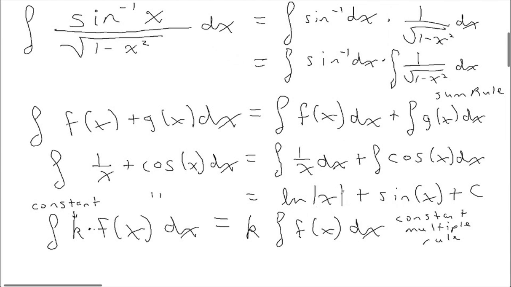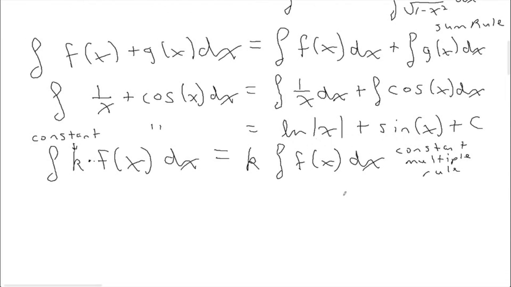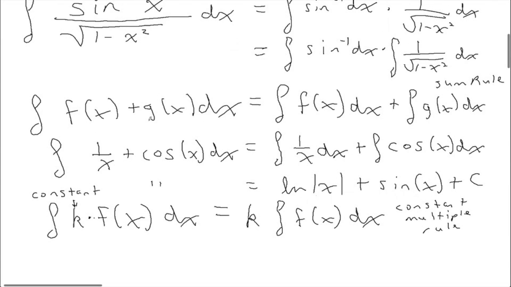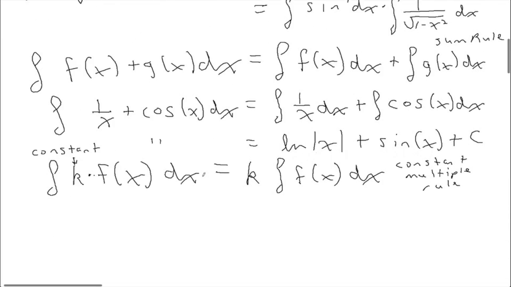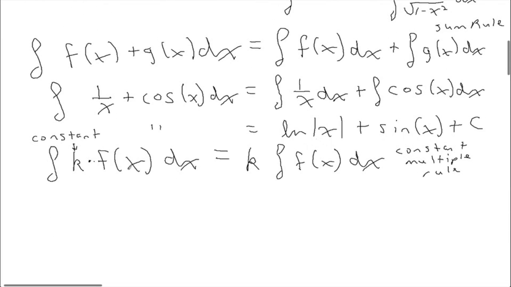We haven't been writing out each of these steps. So now is a good time to write out these steps so we can see exactly what we're doing. How do you find the antiderivative of the sum? You just take the antiderivative of each term and add them together. How do you find the antiderivative when you have a constant multiplied by a function? You just find the antiderivative of the function and multiply it by the constant.